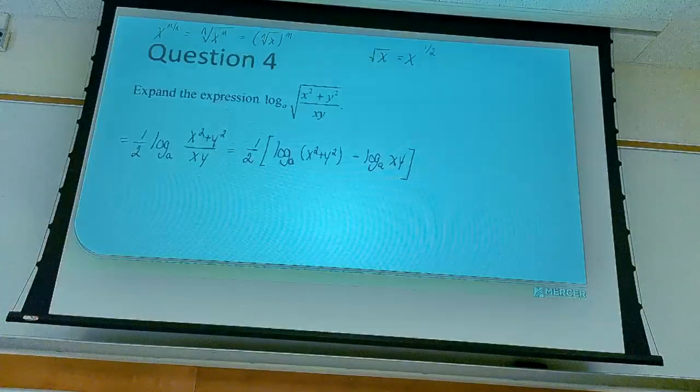Go piece by piece. That first log, can that be expanded any further? Just the log, ignore the 1/2. Remember, we're just looking at logarithms. So just this right here. Can that be expanded any further? With the powers?